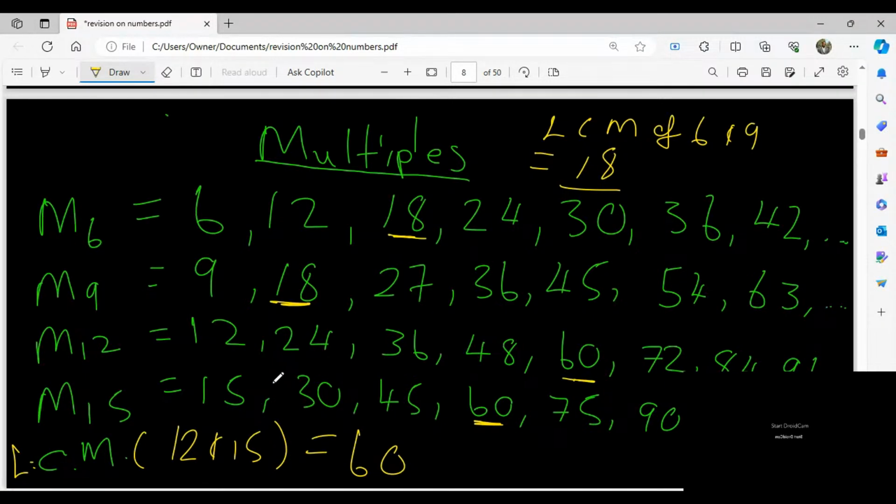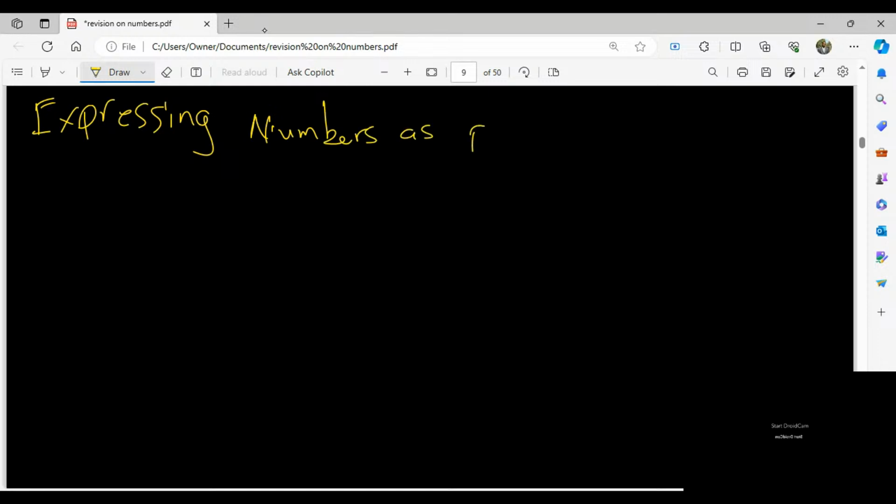So let's move on to that, expressing numbers as products of their prime factors.